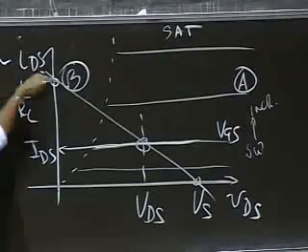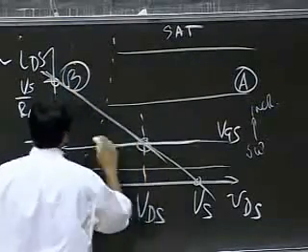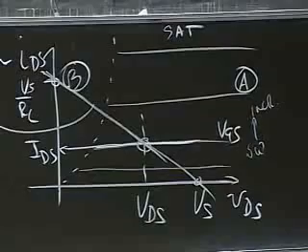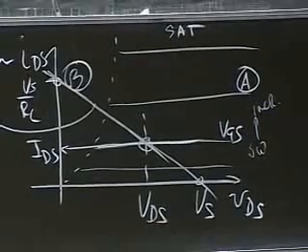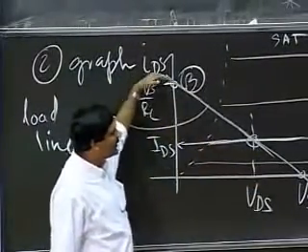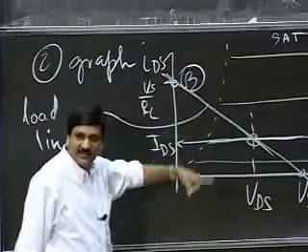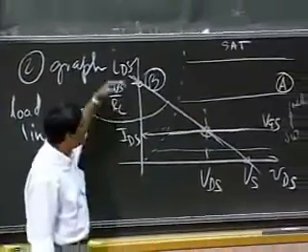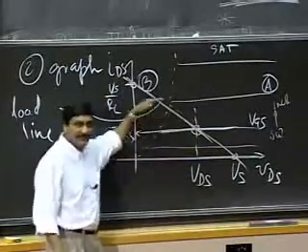Just as I told you before, this line here is called a load line. We'll be seeing that again and again, where we have the equation written for the output loop superimposed on the device characteristics. That's called the load line.